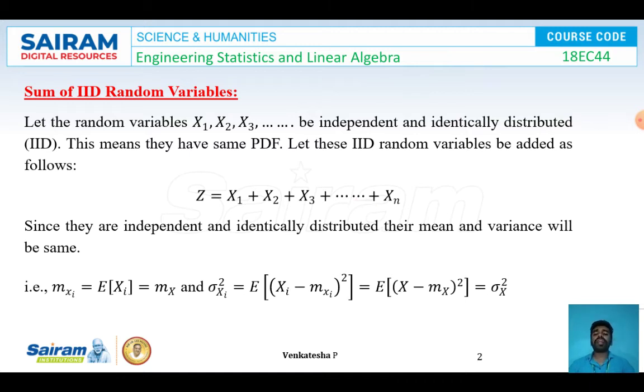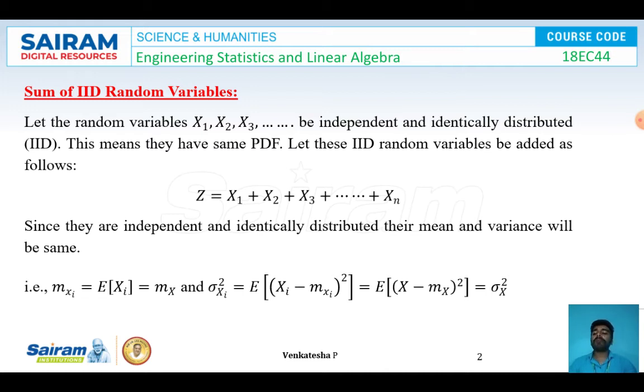Since all these random variables are independent and identically distributed, their mean and variance will be the same. That is, mean of x1 will be equal to mean of x2, equal to mean of x3, and all this will be equal to mean of xn. Similarly, the variance of x1 will be equal to variance of x2, equal to variance of x3, equal to variance of xn.